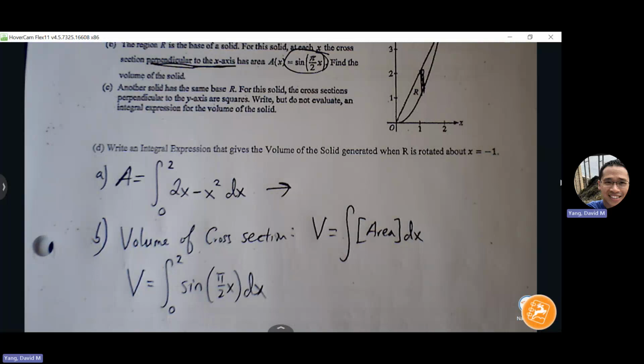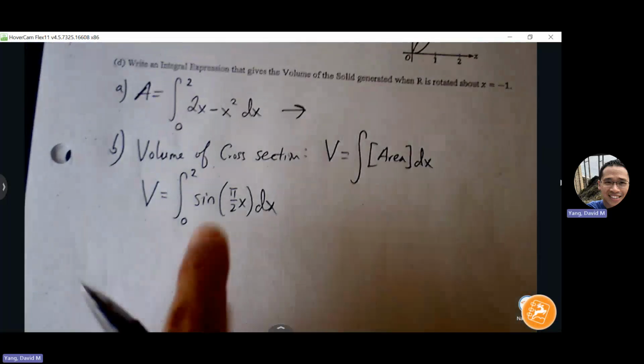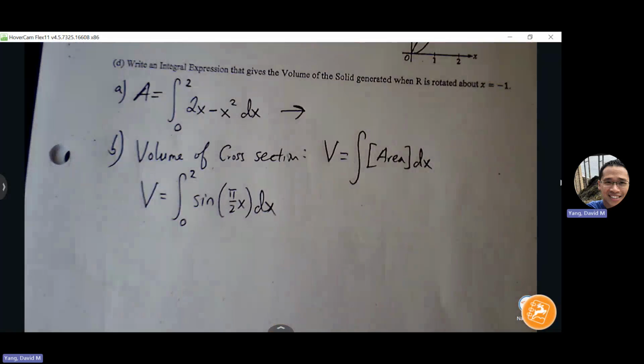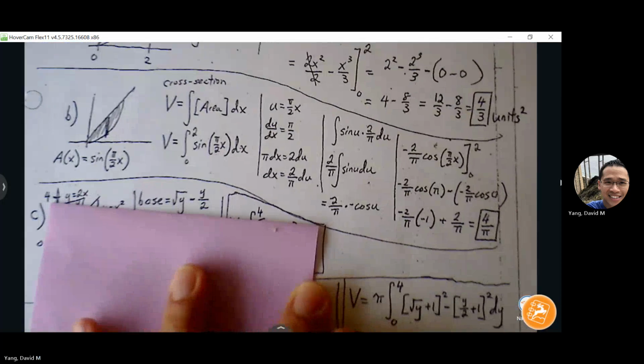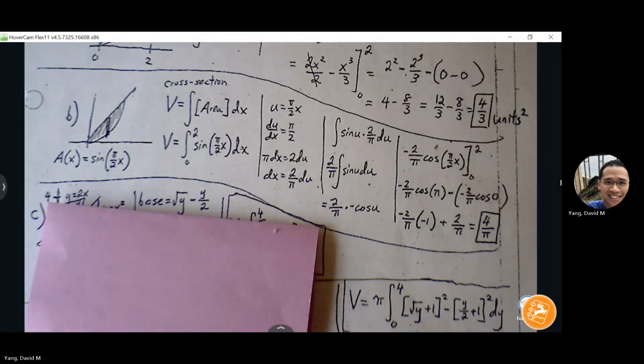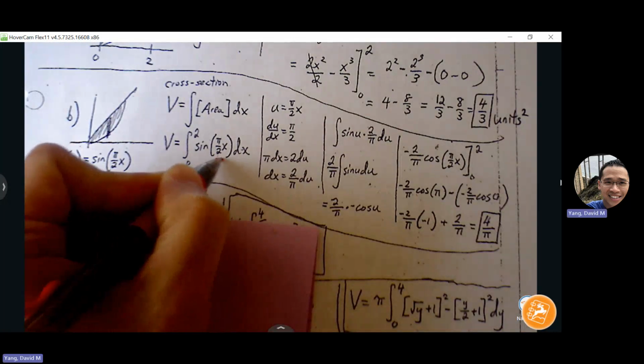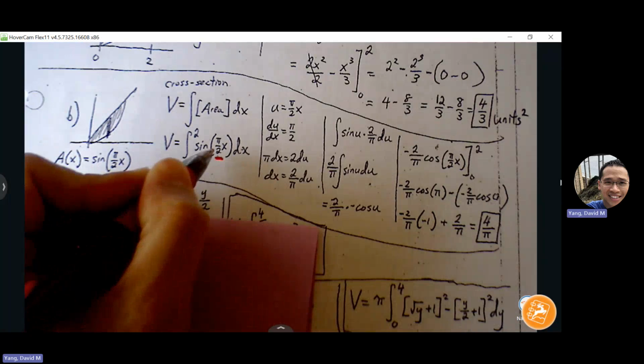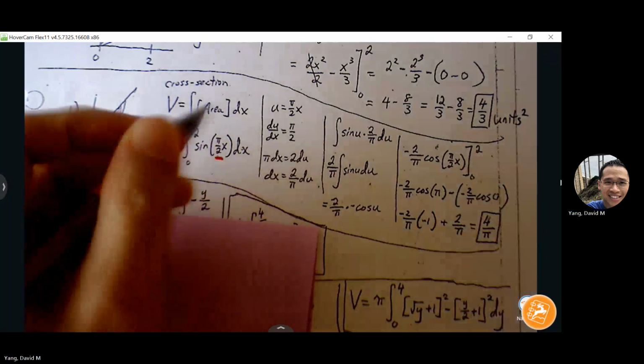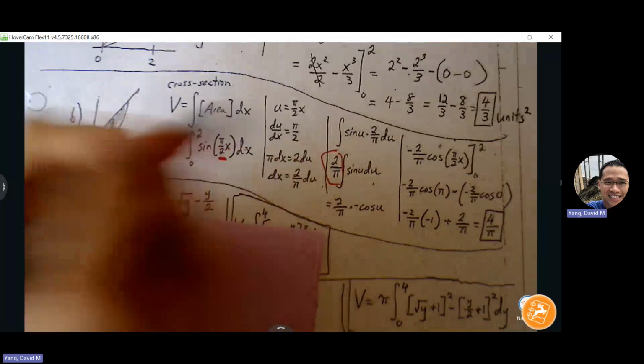Normally, this would be a U substitution problem with your U value being pi over 2x, which will produce a coefficient of 2 over pi after the whole U substitution. But your calculator can handle this. But as a reminder, anytime we have U substitution, basically whatever coefficient that you see, as long as it's linear, what's going to come out is the reciprocal.